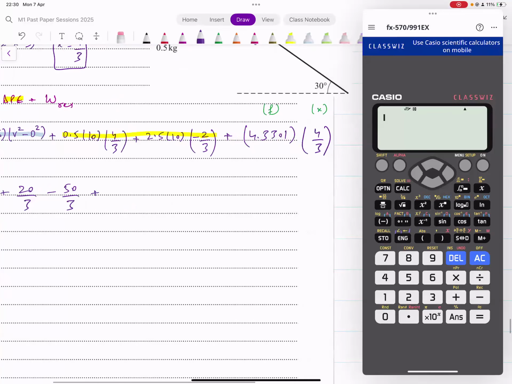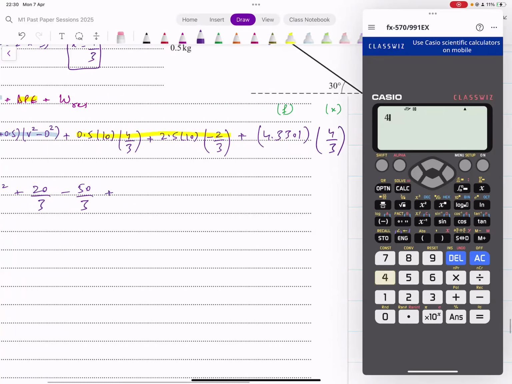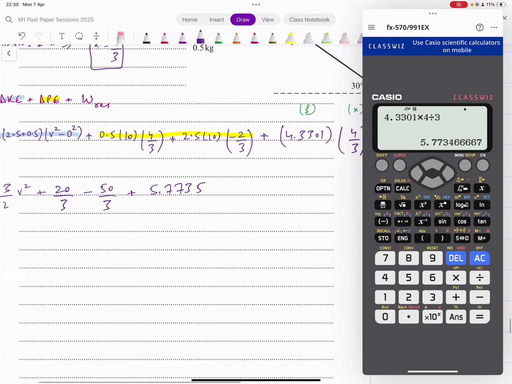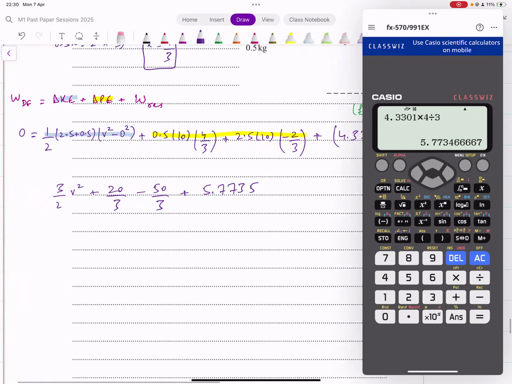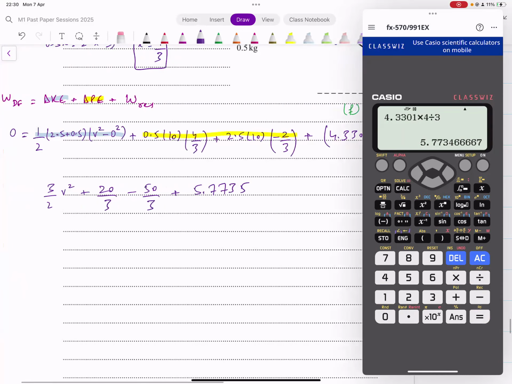And this, which is 5.7735. And you can find the value of V from this and see what that turns out to be. What's the value of V that we get?